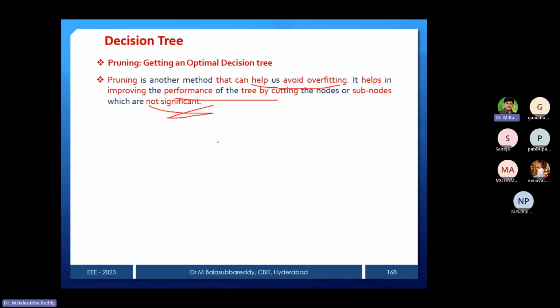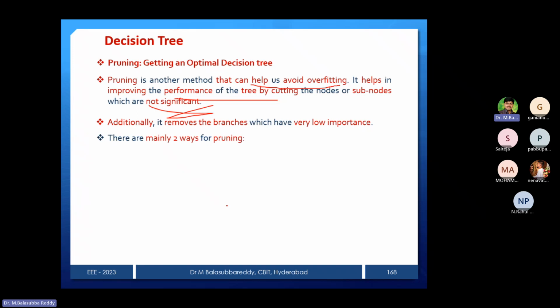If a node does not give any significance, then instead of using that node in a tree, which leads to other problems such as overfitting, we can delete the nodes which are not significant. And additionally, it removes the branches which have very low importance.